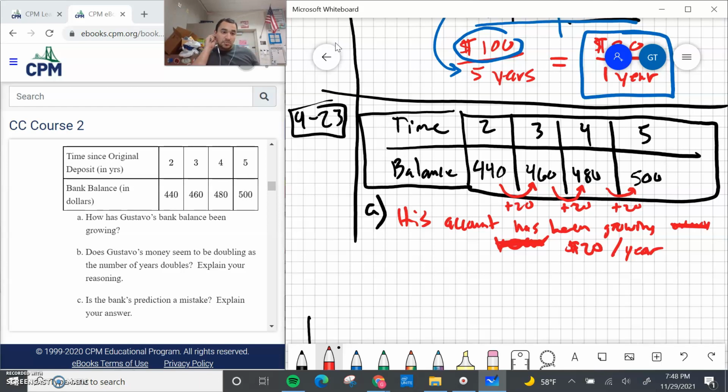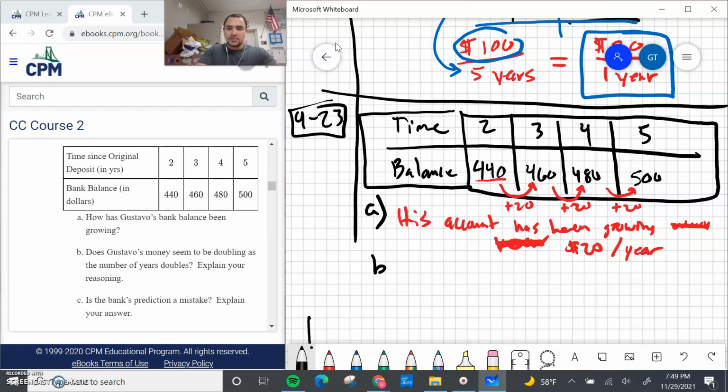All right. B, does Gustavo's money seem to be doubling as the number of years have been doubling? No, it hasn't. His money hasn't been doubling, which he thinks that it's going to be doubling. So like from 2 to 4, he thought it was going to be 440, and then it would be like 880, which is not the case.